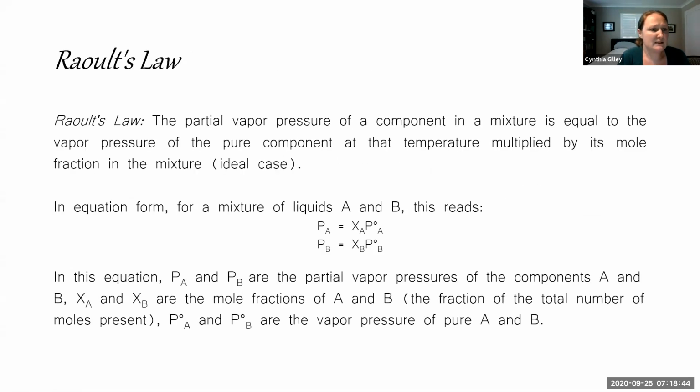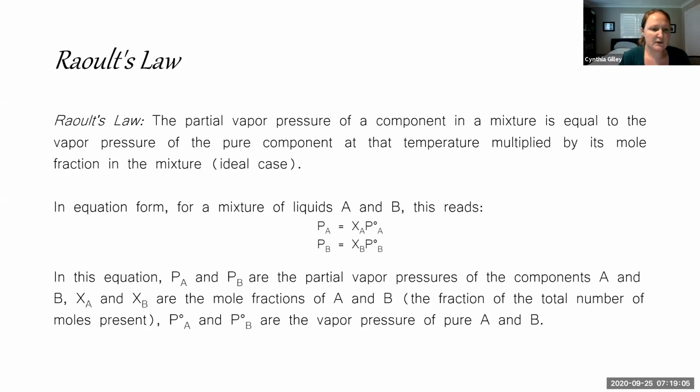Let's review Raoult's law, which you may have learned about in general chemistry. Well, hopefully you did. The partial vapor pressure of a component in a mixture is equal to the vapor pressure of the pure component at that temperature multiplied by its mole fraction in the mixture in an ideal case.